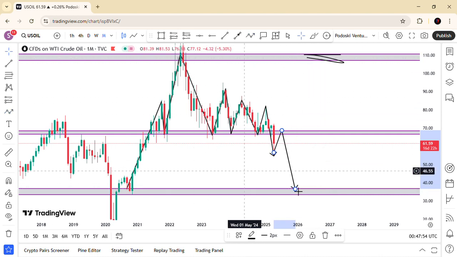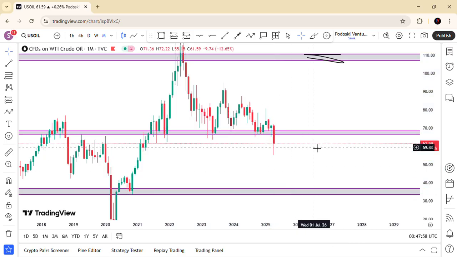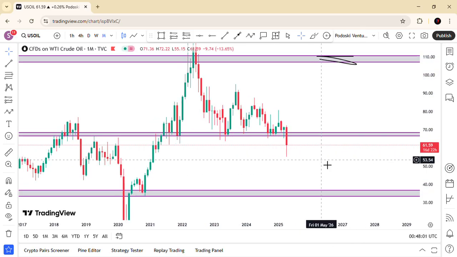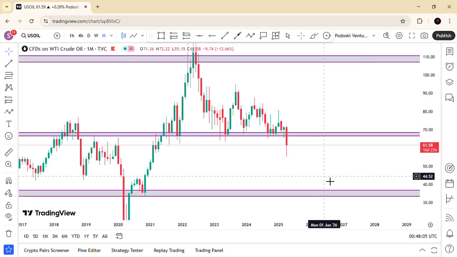So this is it on US oil, and that's why I said we are in a downtrend. Since we know we are in a downtrend from the monthly time frame, as we go to the lower time frames, we are looking for selling opportunities on US oil.